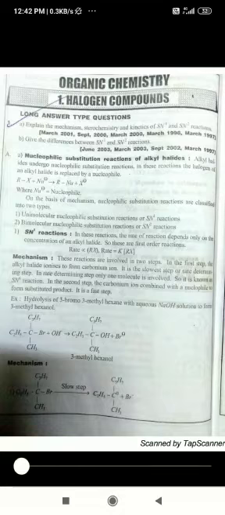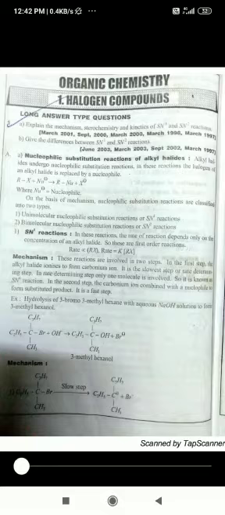First one, SN1 reactions, nothing but substitution nucleophilic unimolecular reactions. In these reactions, the rate of reaction depends only on the concentration of the alkyl halide.